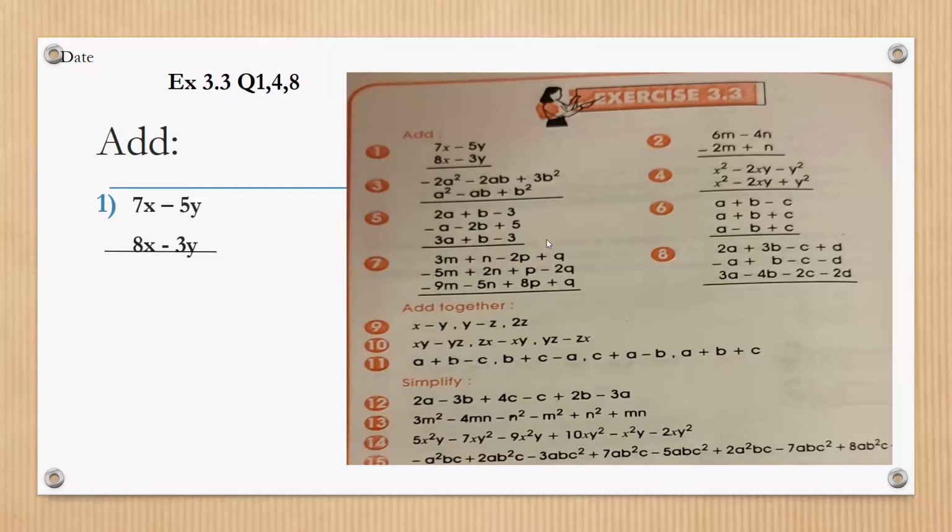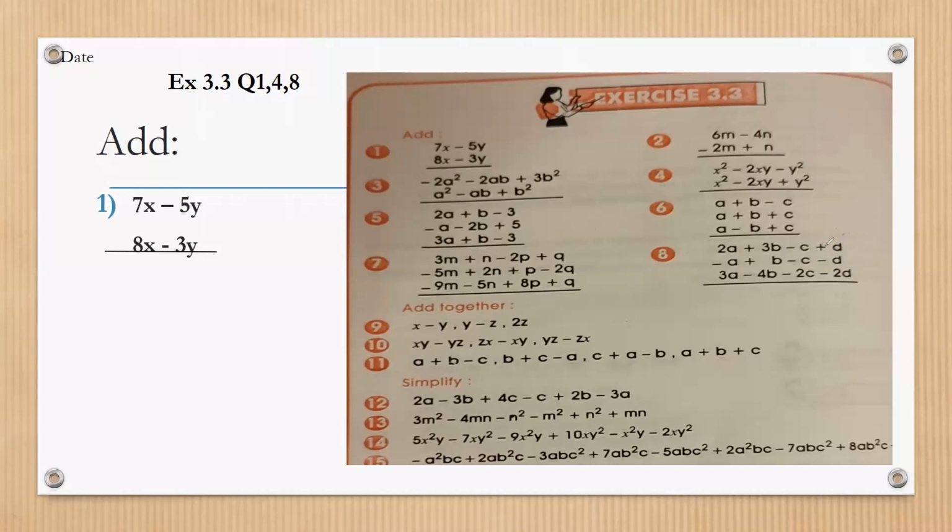Students, we can see in question number 8, what about d, beta? -2d, and here +d and -d will be cancelled.